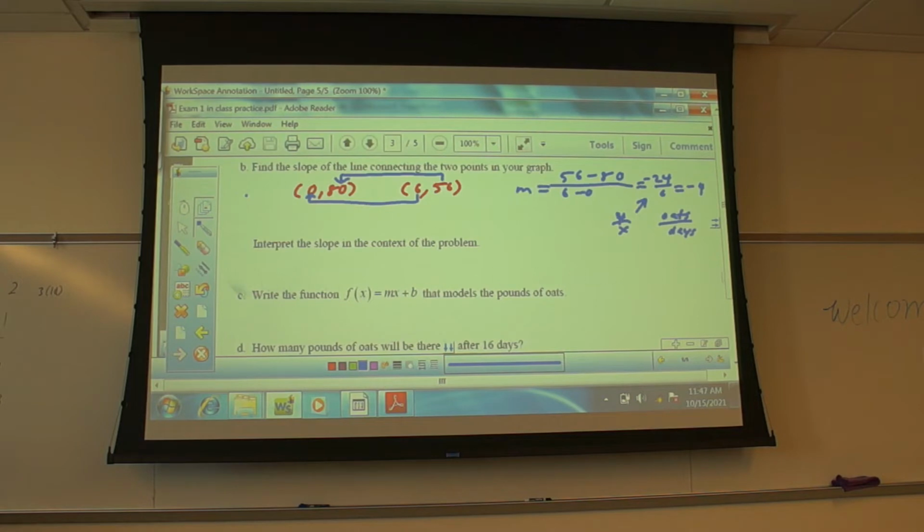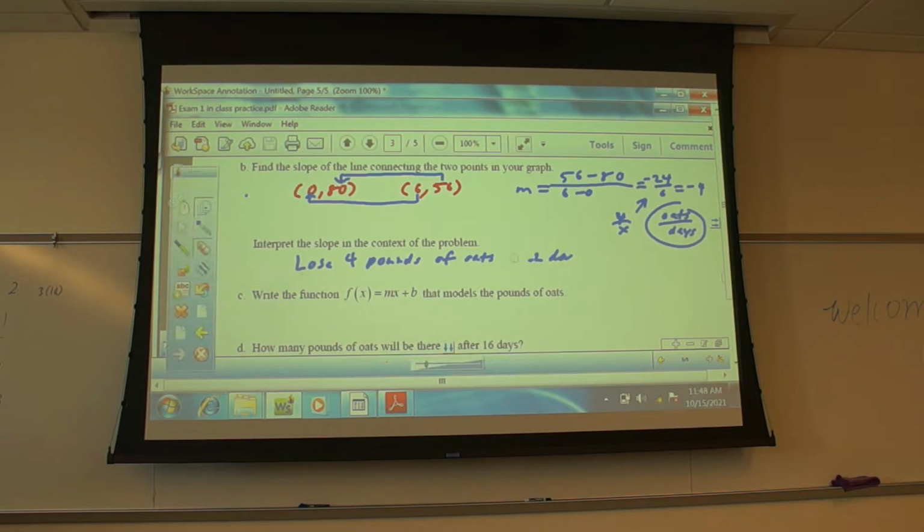All right, so interpret the slope in the context of the problem. It's negative 4. That means I lose 4 pounds of oats each day. Or per day.